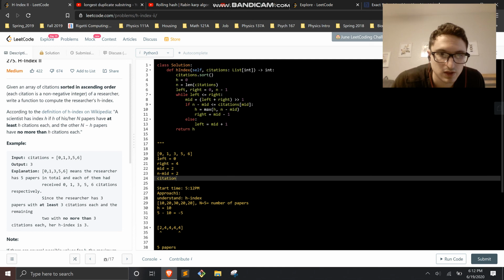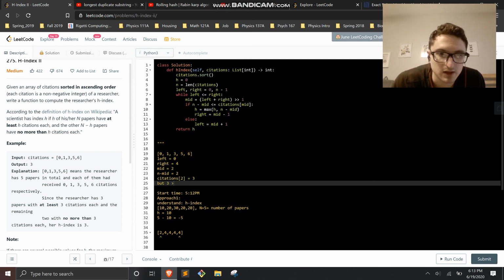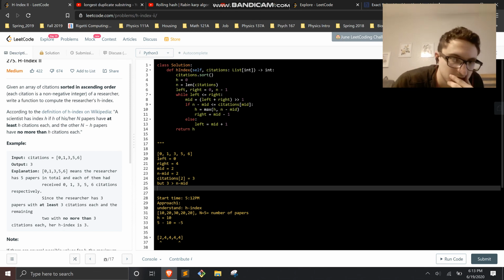So citations at 2 is equal to 3. But 3 is not greater than n minus mid. Now, what does this mean? We can say that since this is ordered, after 3, we have n minus mid citations that are at least greater than 3, right?